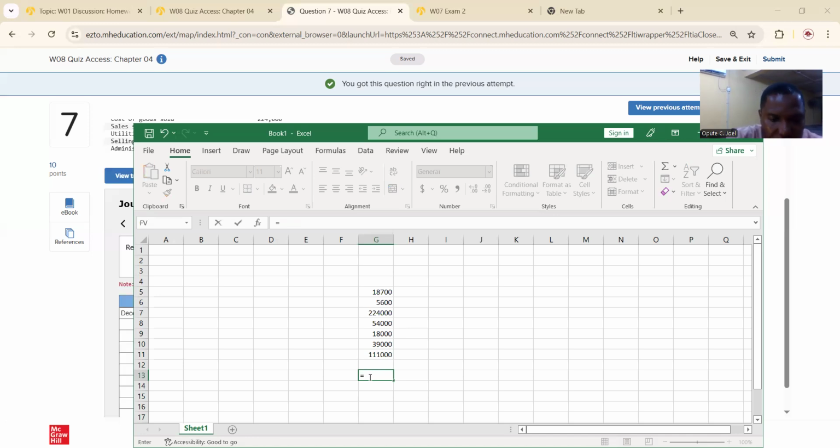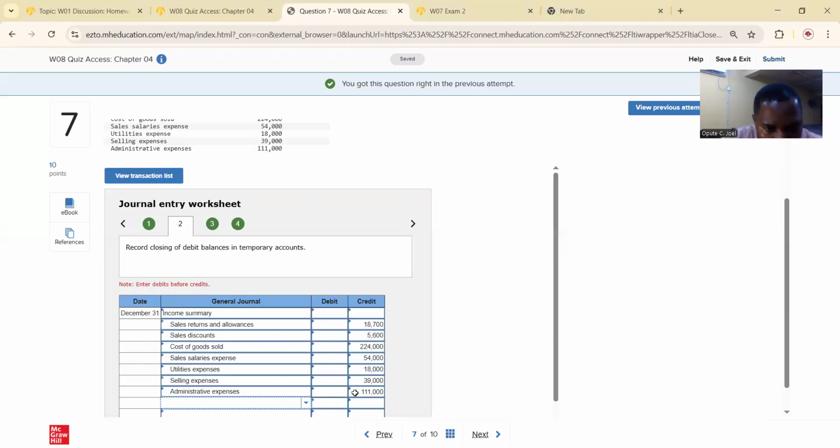So it goes to sum. No, sorry. Sum all of this together. Okay, so the total of all of this is 470,300. So that total now, I'm going to place it in the income summary.